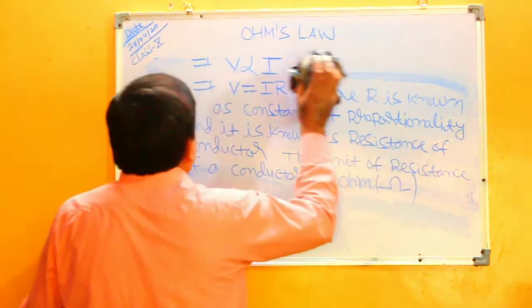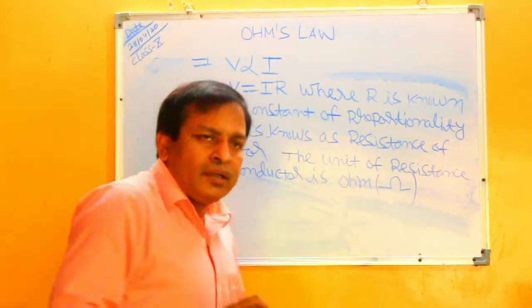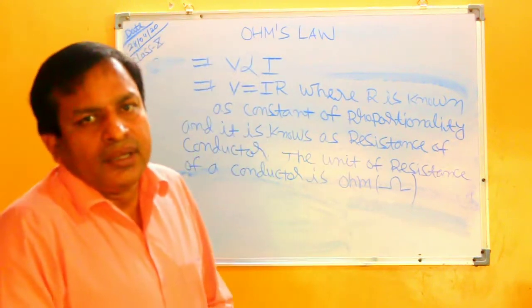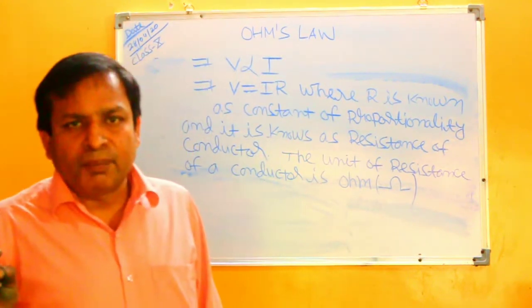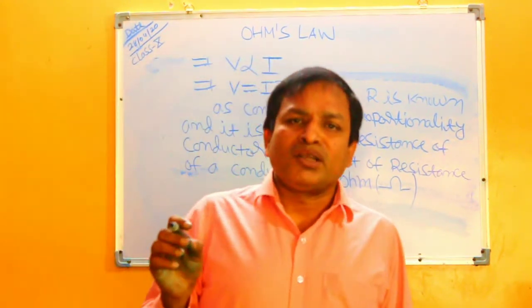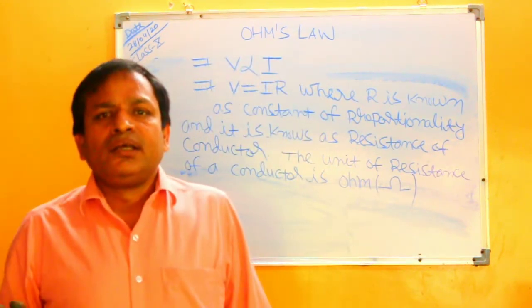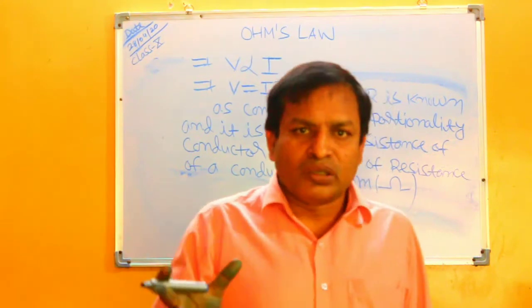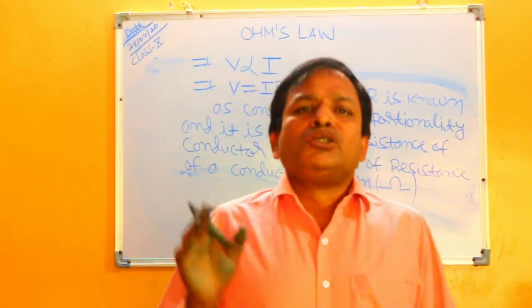Now we are studying about the factors on which the resistance of a conductor depends. The resistance of a conductor depends on the property of the material of the conductor, its length, and its area of cross section, that is called the thickness of the conductor.